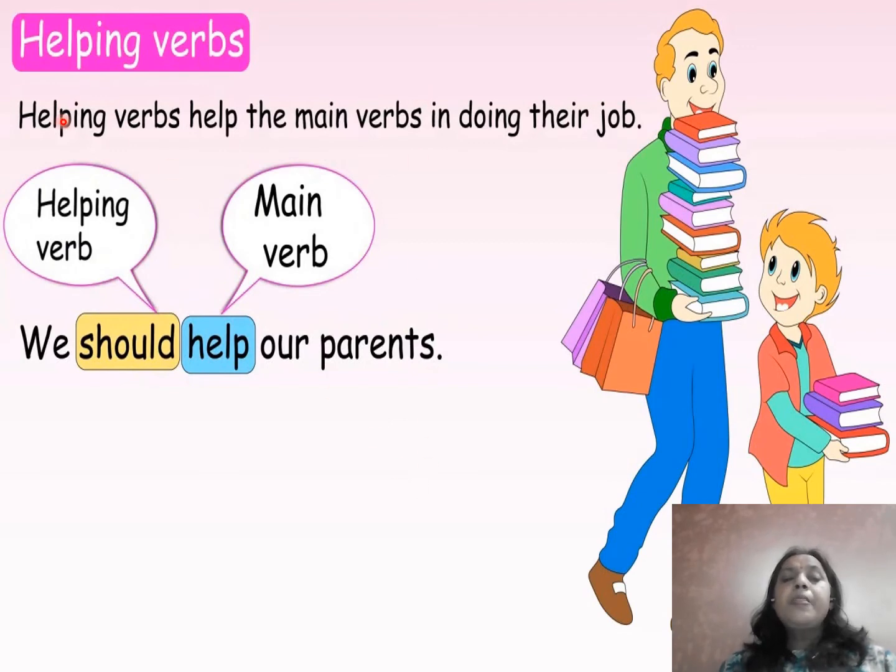See this picture. Helping verbs help the main verb in doing their job. देखिए सेंटेंस देखिए, we should help our parents. In this sentence, should is the helping verb and help is the main verb. आप इस सेंटेंस में से जरा help हटाइए. We should our parents. The meaning is clear?